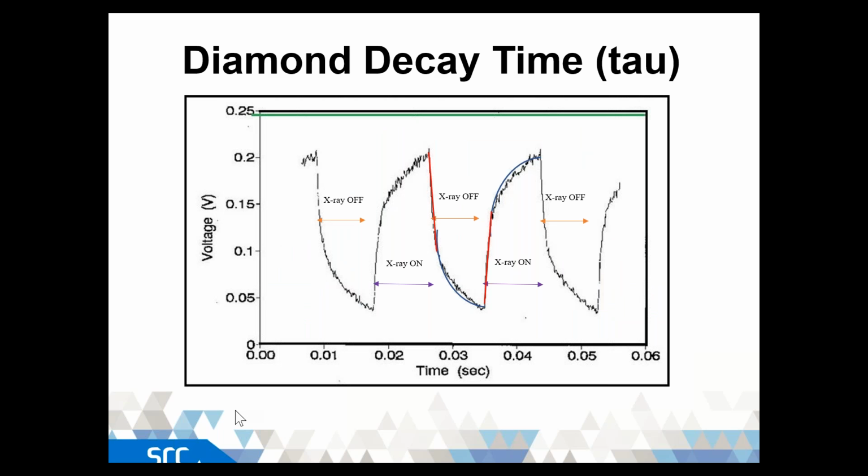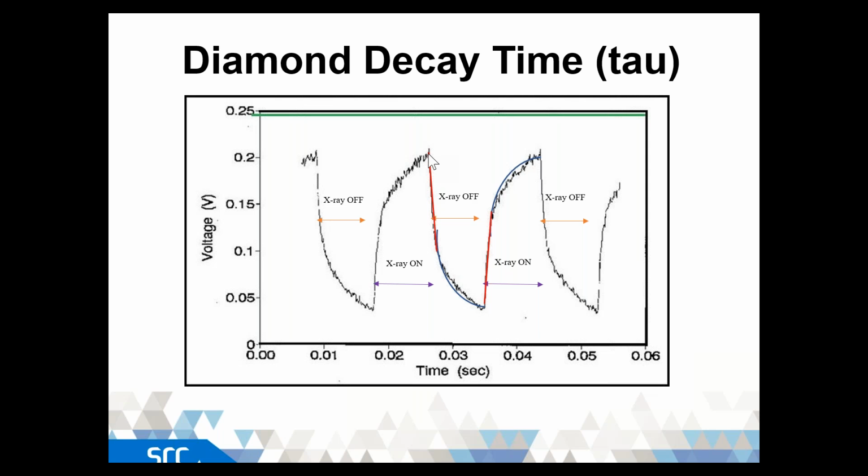Another unique property that diamonds have is what's called rise time or decay time. So once they're presented under the X-ray, if you think of it as an incandescent light bulb, it takes a small fraction of time to reach that peak intensity. So here's an example where if you turn the X-ray on, you'll have a fast component where it'll immediately start to luminesce and then slow down until it reaches that peak luminescence.